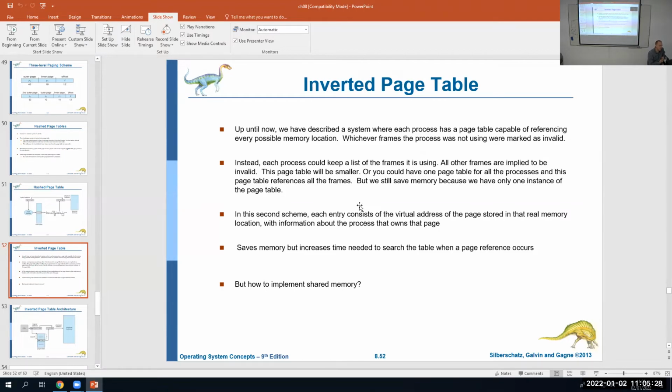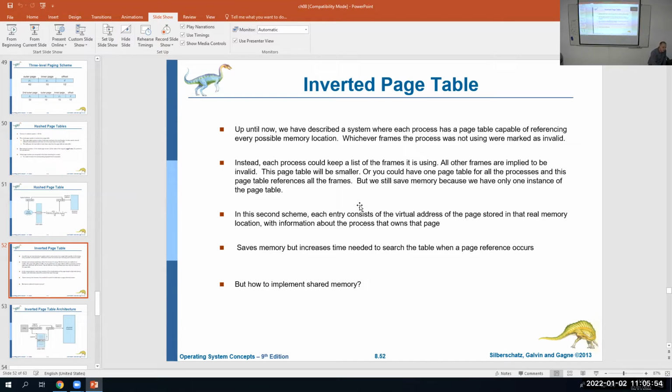Up until now, this is a rewritten slide. Up until now, we have described a system where each process has a page table capable of referencing every possible memory location, right? We were describing a system where we could reference every single page in memory. Whichever frames the process was not using had to be marked as invalid, so we know we can't go there. Let's do it backwards.